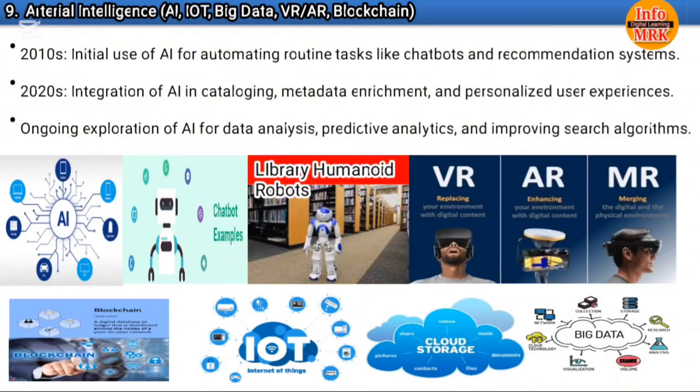These applications are mostly used in library chatbots, library humanoid robots, virtual reality, augmented reality, and mixed reality, which play a very important role. Blockchain means protecting data. Internet of things, everything on the internet.